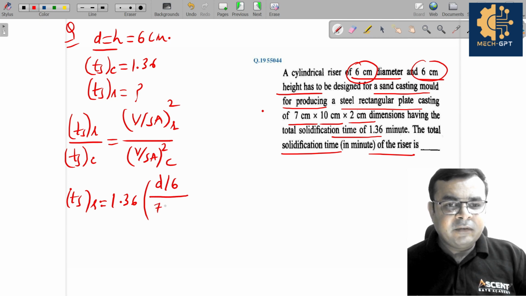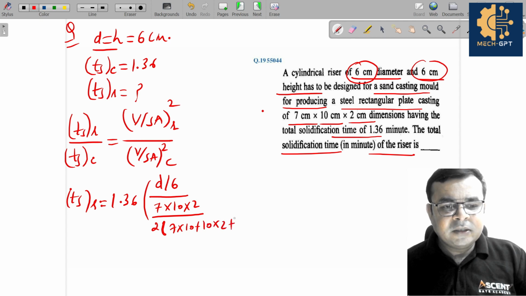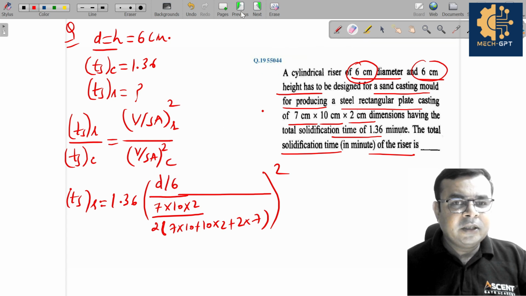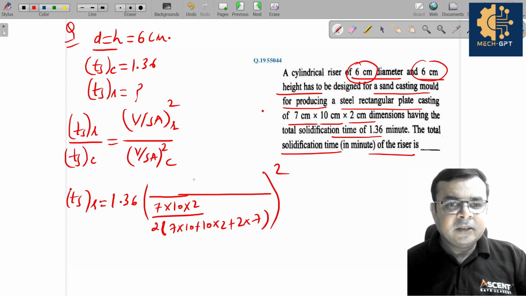So this is 7 into 10 into 2 over 2 times (7 into 10 plus 10 into 2 plus 2 into 7), and this is whole square. And instead of diameter, if I put its value, this is D by 6, that is 6 by 6.